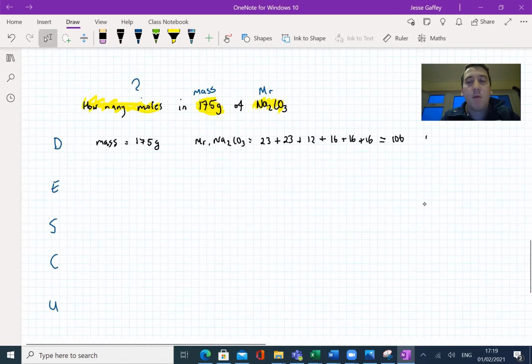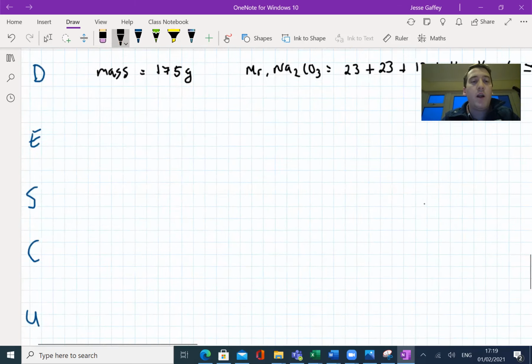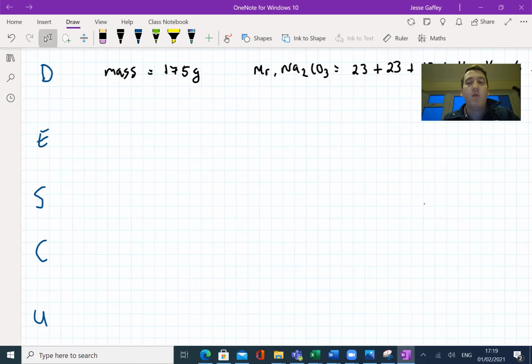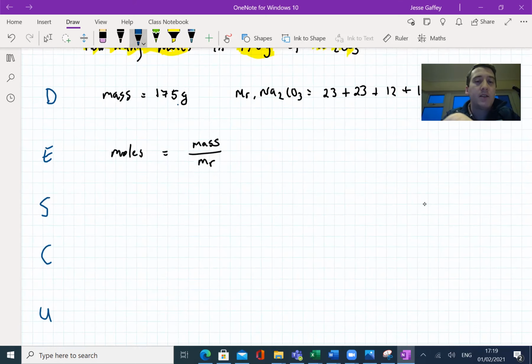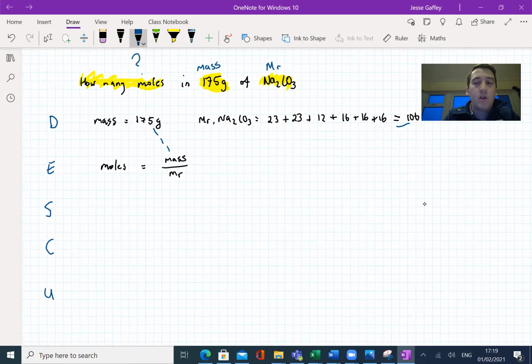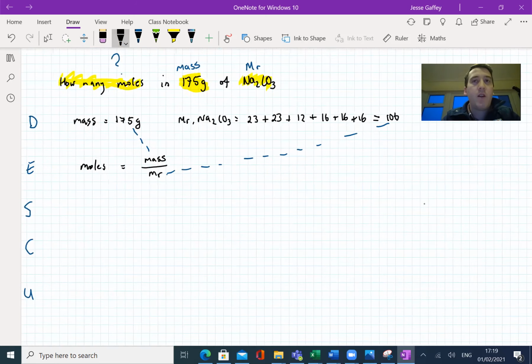The other thing here is that my moles is what I'm trying to find. It's a question mark. I don't know how many moles. What is my equation? So speak your answer to the screen. What is the equation here? Okay, hopefully you said moles equals mass divided by MR. So the next thing we do is we substitute in the numbers. So my mass, I can put the number 175 in for mass, and I can put the number 106 in for MR. So I'm going to rewrite out the equation.